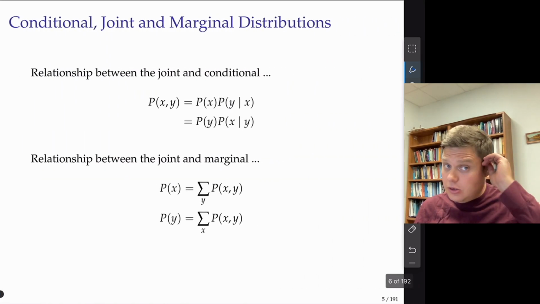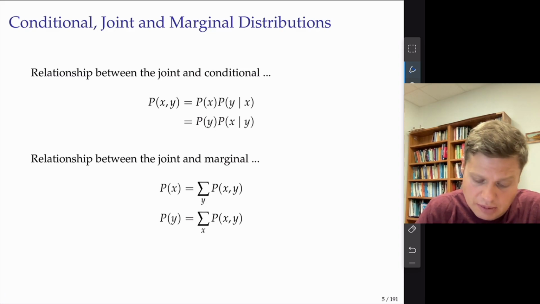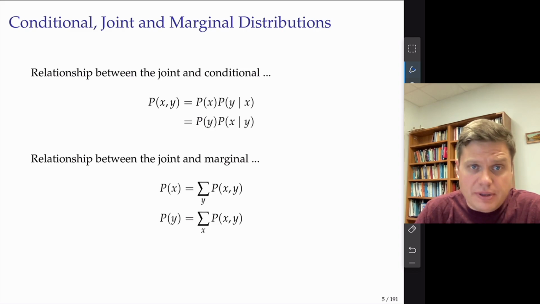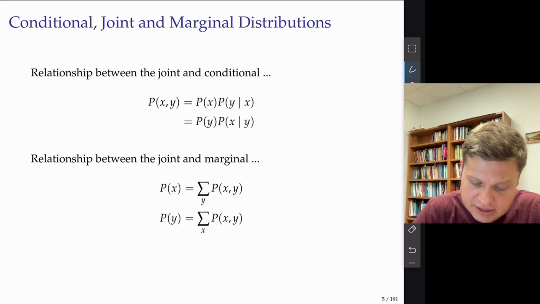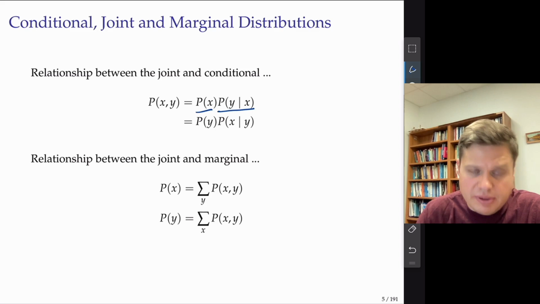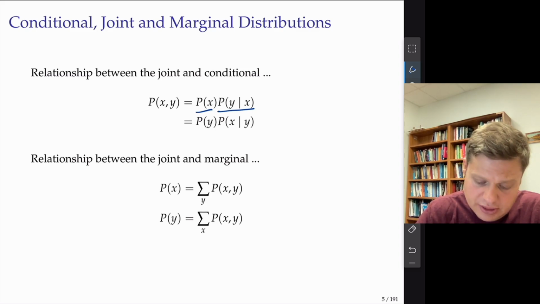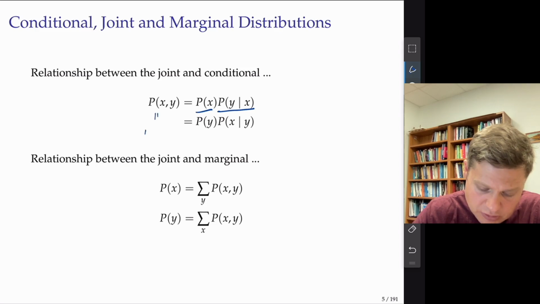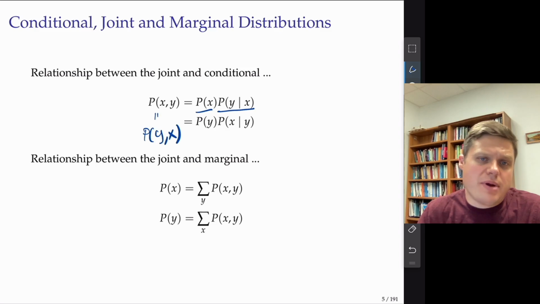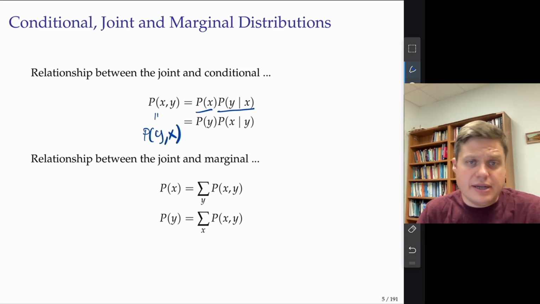All right, so the relationship between joint and conditional: probability of x and y is the probability of y given x times probability of x. And since the joint is symmetric, this is equal to p of y, x. So it's also equal to the probability of y times the conditional probability of x given y.